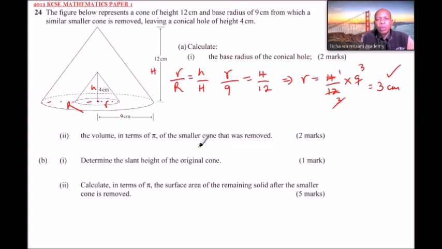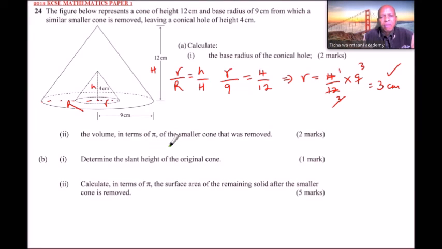So we go to Roman number 2: the volume in terms of pi of the smaller cone that was removed. So how do we get the volume of the cone? A cone is a form of a pyramid, and to get the volume we take one third of the base area multiplied by the height.